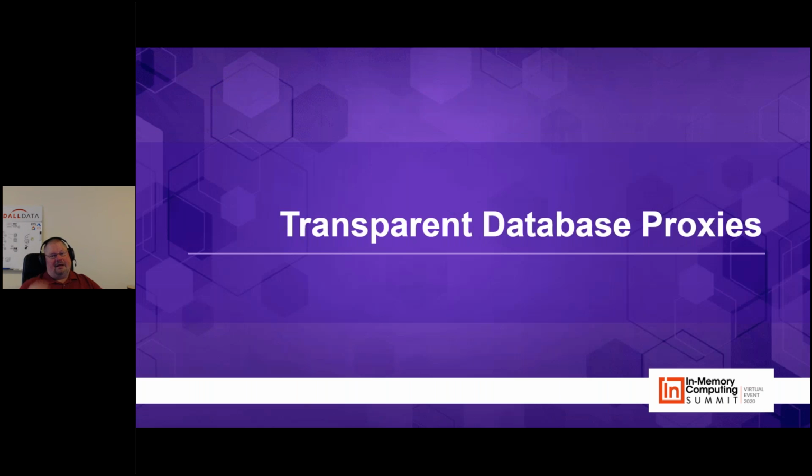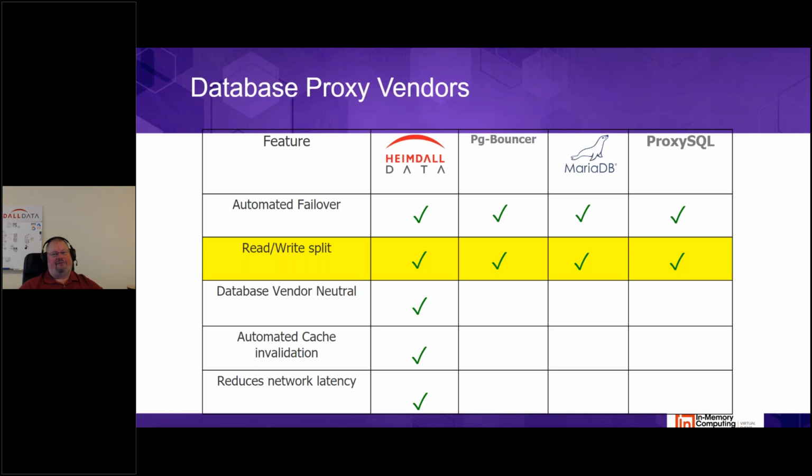Now let's talk about transparent database proxies, because a proxy can make a lot of these tasks easier for you if they implement the functionality on your behalf. So database proxies, Heimdall, obviously, we've got automated failover. That's another feature that we can talk about. These other proxies do as well.